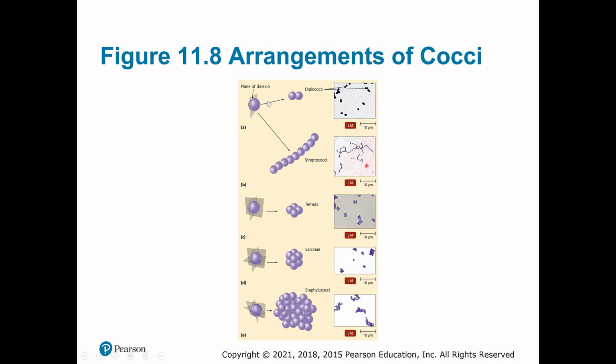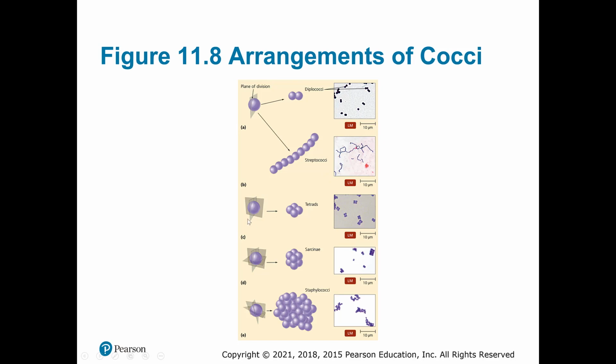Because the cells are coccus in shape, we call that diplococci. If that division continues, you're going to end up with a chain of cells. The chain is an arrangement, and that is referred to as strepto. We call this streptococci because we have a chain of round cells.